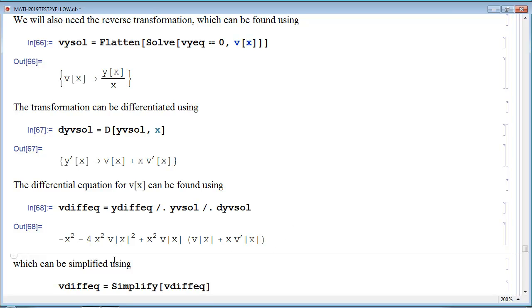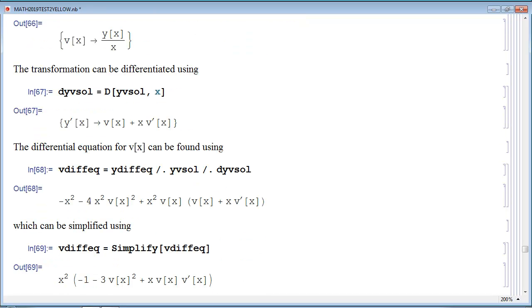There's no y anymore. And let's simplify that a bit, which we can do using that. And we can see that because this is equal to 0, this factor x squared will go away. This part here involves only v of x, it doesn't involve x, and this part here involving the derivative has a factor x.